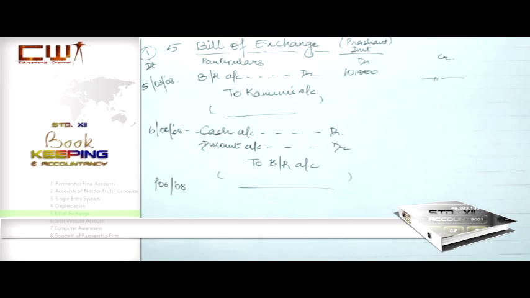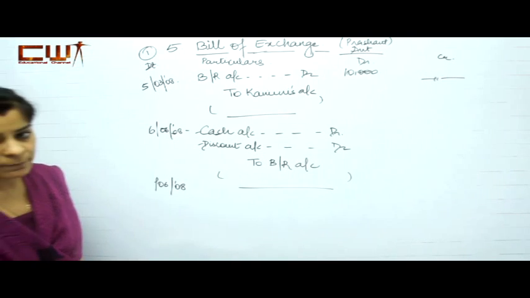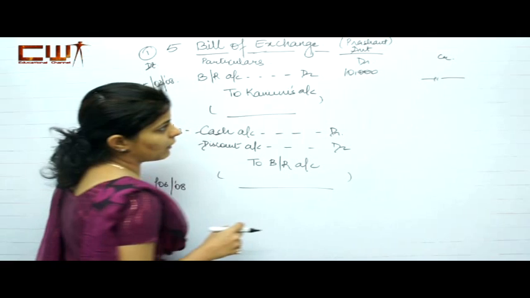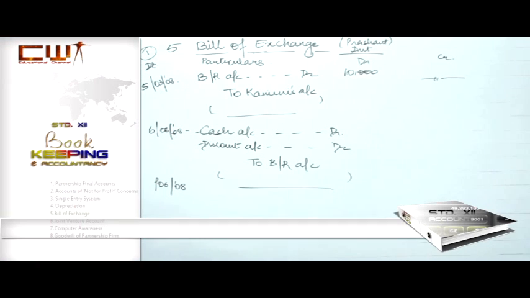Now how much amount has it been discounted with? 10%. Alright, so 10,000 you have for the discount. You have accepted the bill for 3 months. So how will you calculate it?